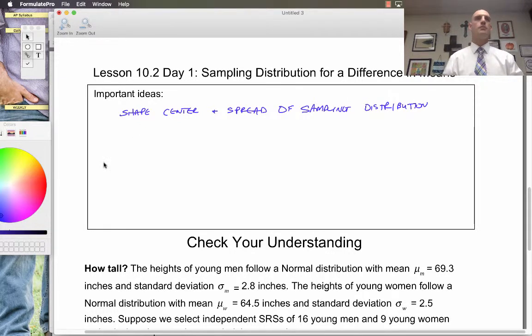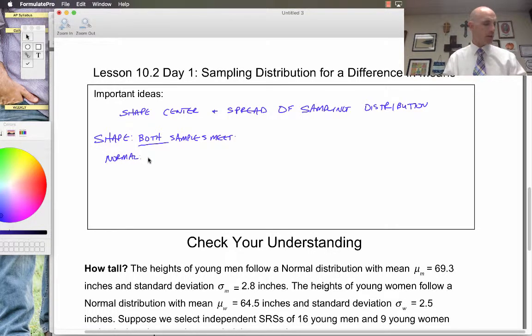So when we're looking at shape, since we have two samples, we have two means that come from two samples. What we need to make sure is that for our shape, both samples meet the normal condition.